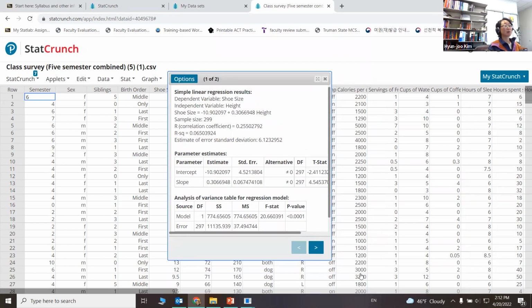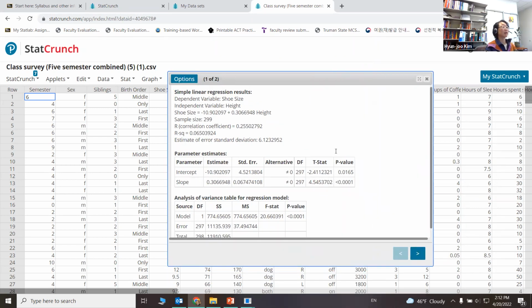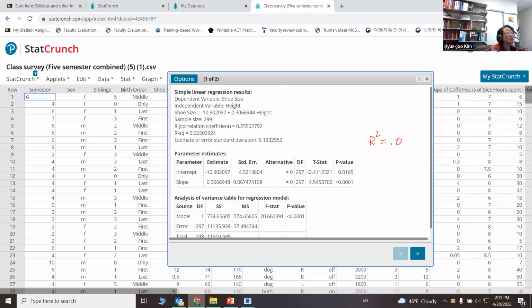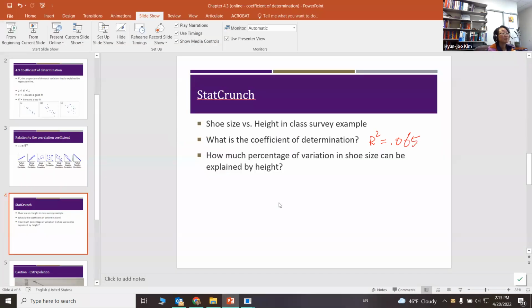It's exactly the same output that we saw before, and here is your R squared, 0.065. I can write it down here: 0.065-ish.